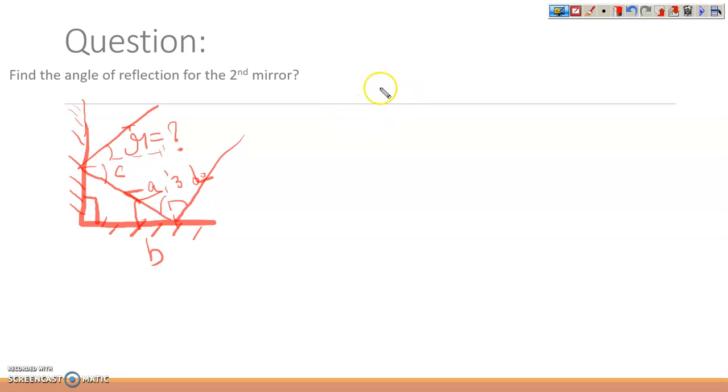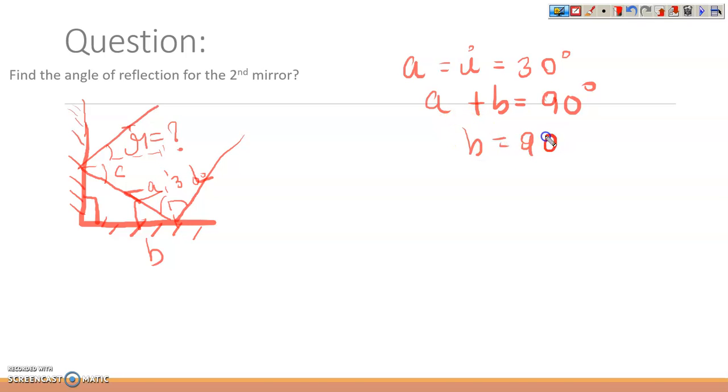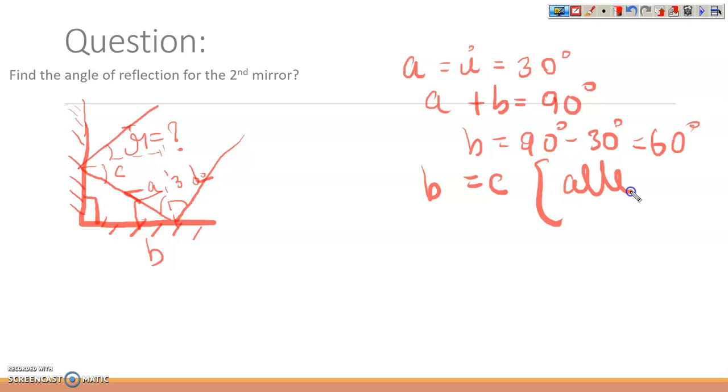Now, A is equal to I, which is equal to 30 degrees. They are equal, and A plus B will be 90. We already know the value of A, so B will be 90 minus 30, which is equal to 60 degrees. B is equal to C by alternate angles.